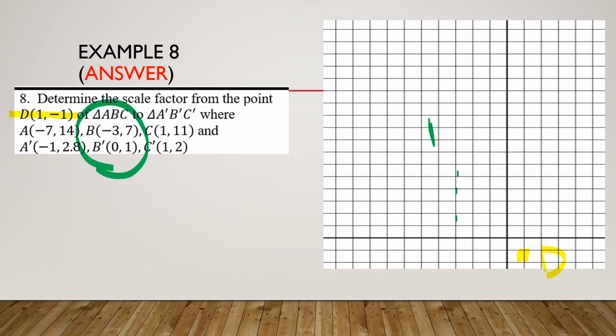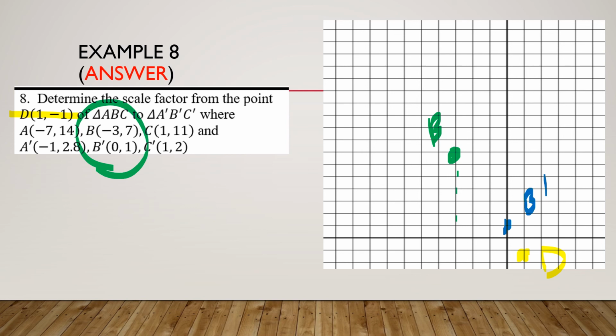So there's our B. All right, and then we're going to do B prime. B prime is at 0, 1. Over 0, up 1 is our B prime.